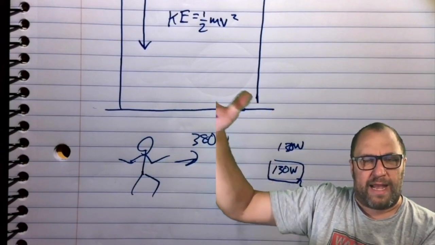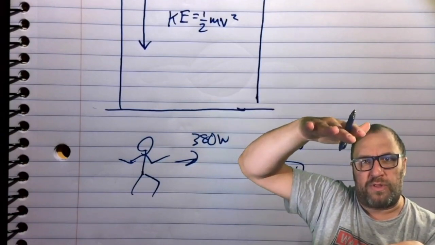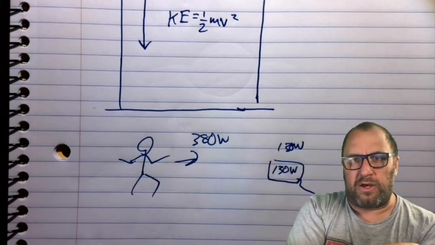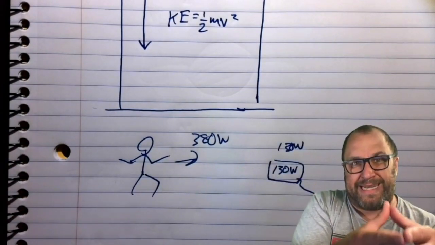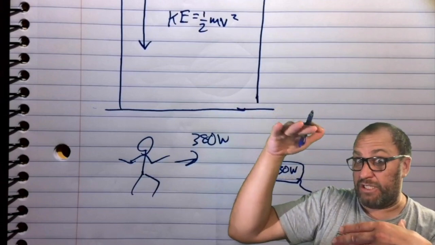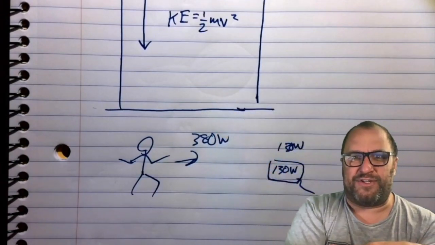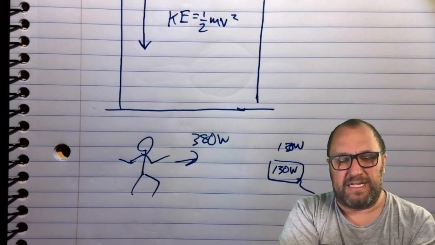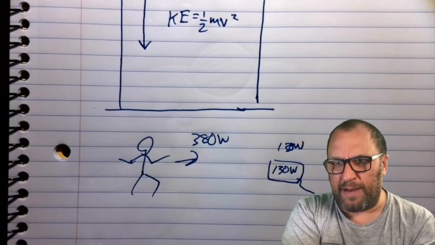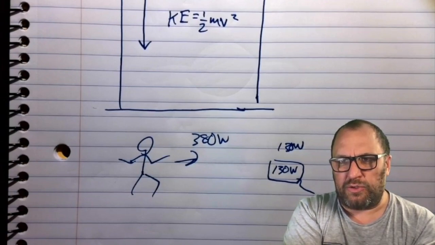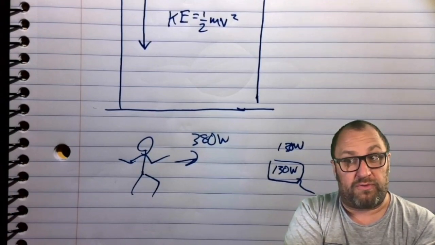Then sometime later I could roll that rock down the hill. Okay. So I change kinetic into potential energy, and then I can convert it into kinetic energy. So that brings us to the end of our review for now.